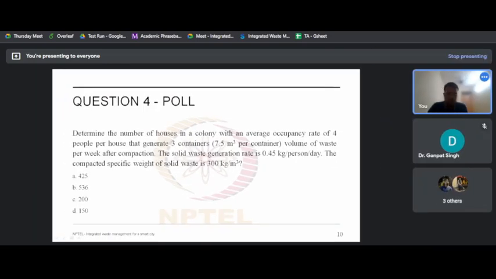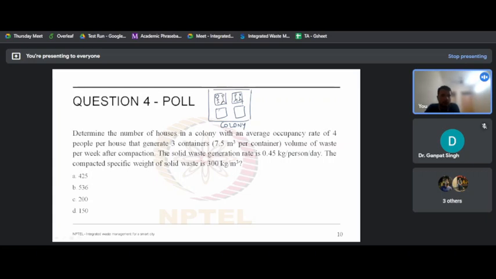Okay. There is a lot of information in here, so let's not get confused with that. Just draw a simple figure to understand what it means. We have the colony. The colony will have multiple houses, and each house will have a number of people.